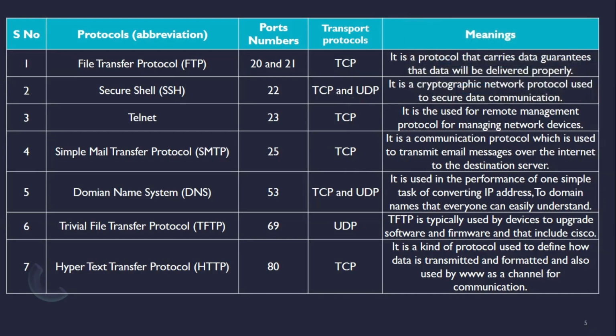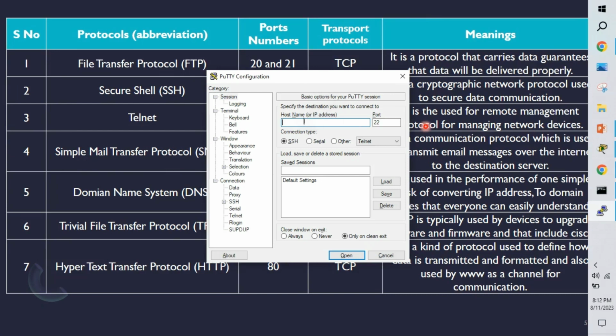So what I did, I just opened PuTTY. If I open PuTTY, we have the SSH option. By default, the SSH port number is 22, and this is one of the protocols to access the device. Let's say 192.168.1.1 is my router IP address.